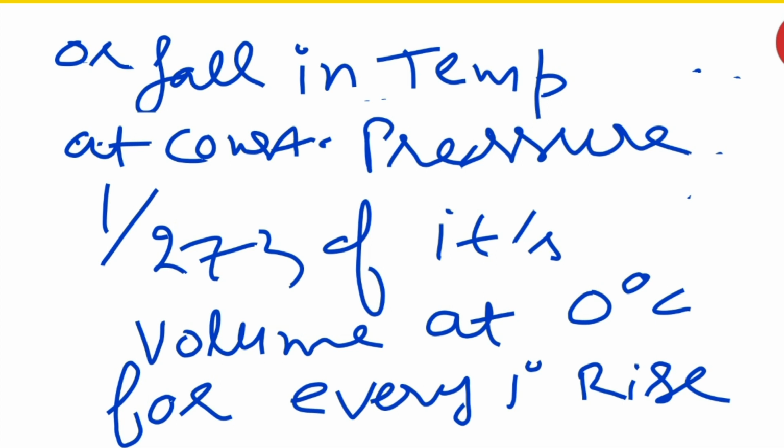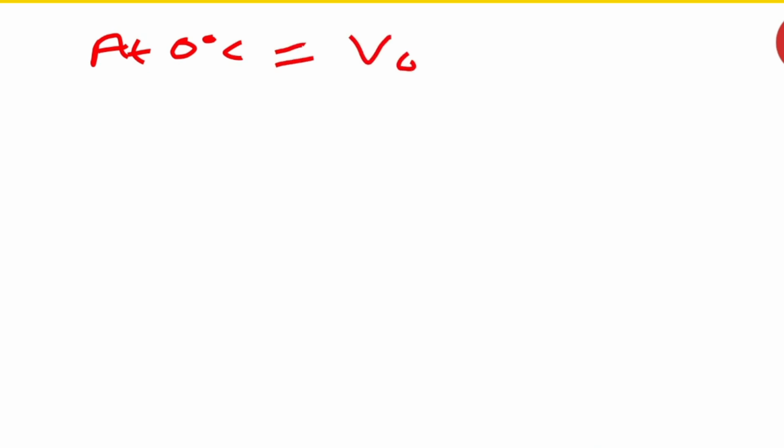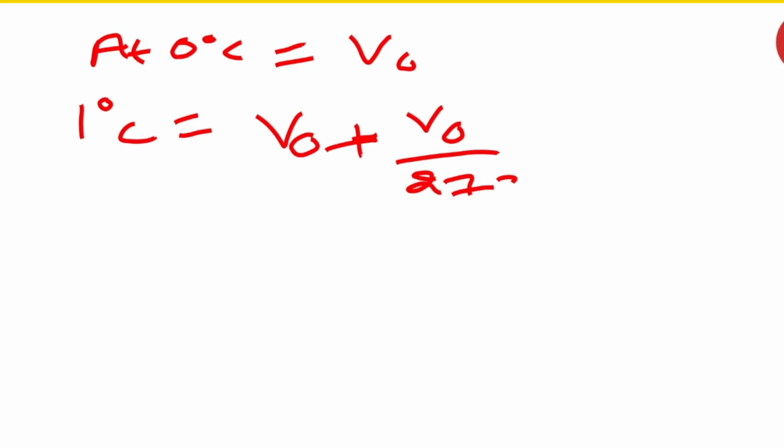Now what I told you over there, I am going to explain by some mathematical expression. You see it very carefully. Now let it be at 0 degree Celsius. At 0 degree Celsius, volume is V naught. For 1 degree Celsius, volume will be V naught plus V naught by 273, because for every 1 degree increase in temperature it will increase by 1/273.